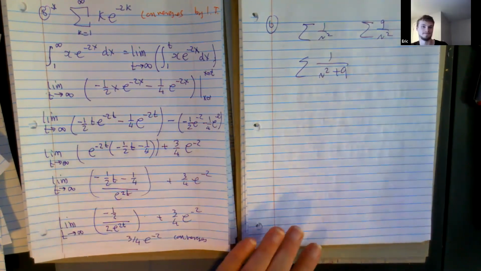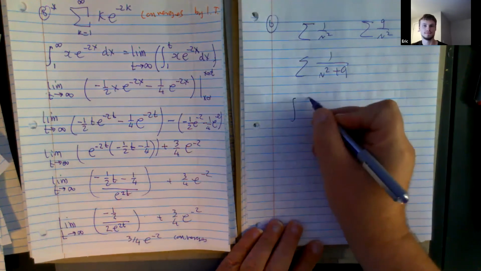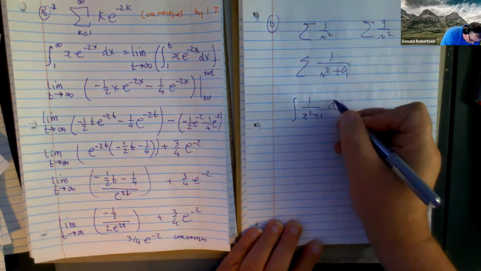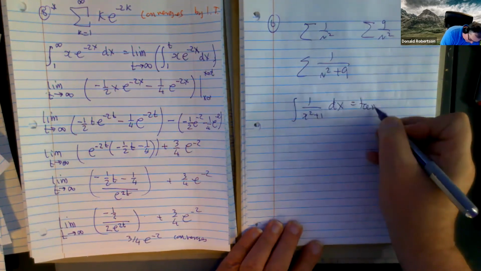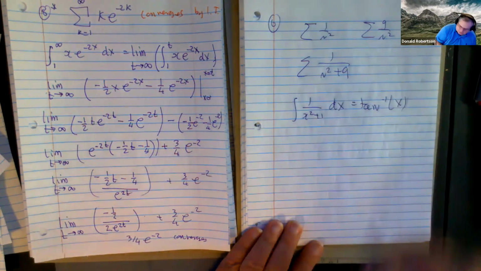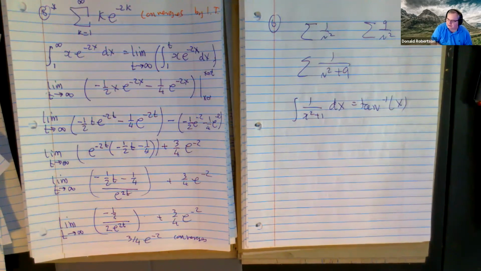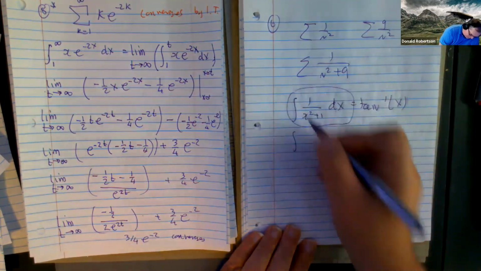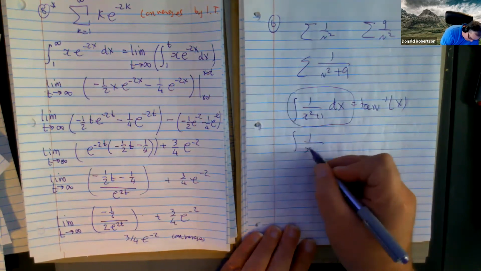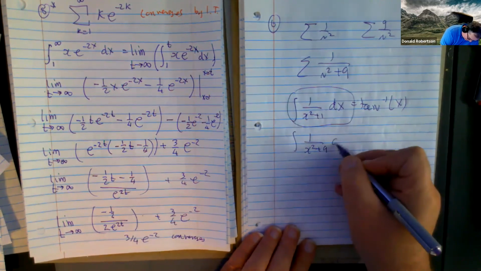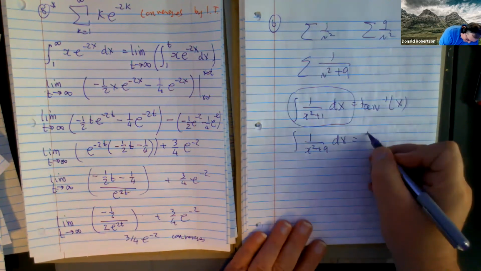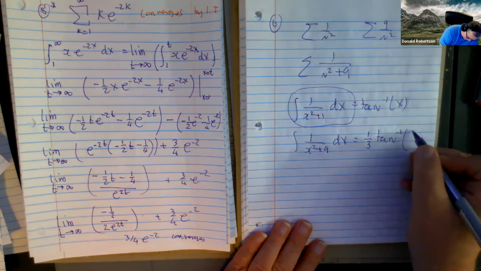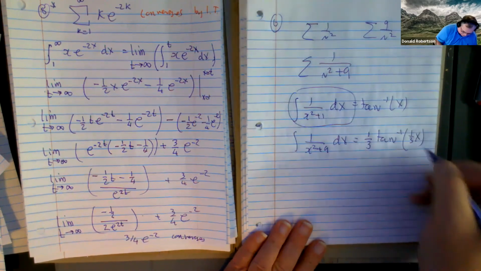Okay. Now, if I said integrate 1 over x squared plus 1, I hope you would say, oh yeah, it's a standard integral. It's the inverse tan of x. Great. There is a whole family of integrals like this one. So this, for instance, is x squared plus 9, and it is 1/3 the inverse tan of 1/3 x.